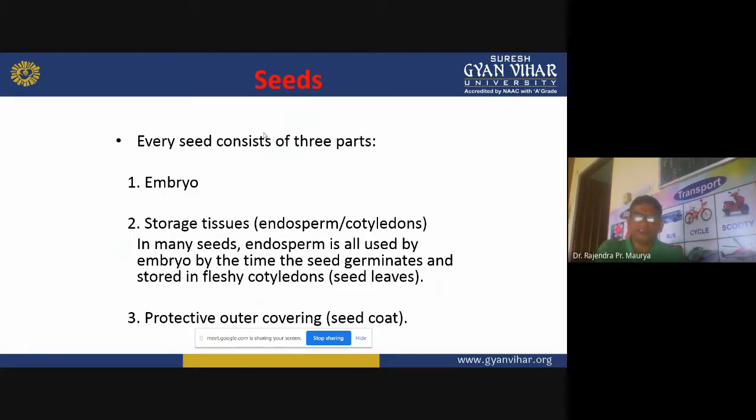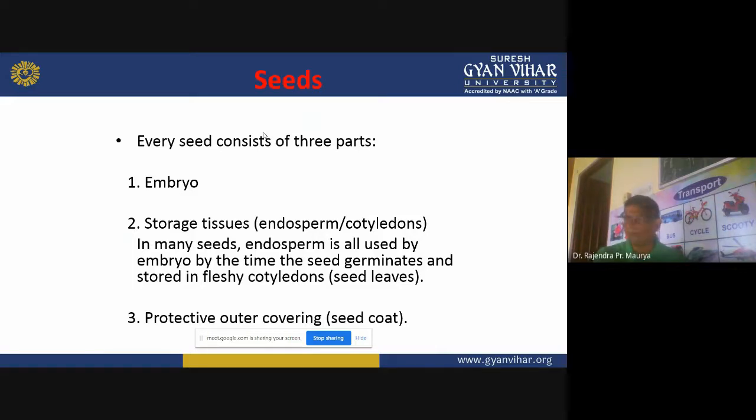Now the storage tissue, that is the endosperm. In many seeds, the endosperm is all used by the embryo by the time the seed germinates, and is stored in fleshy cotyledons, that is the seed leaves.